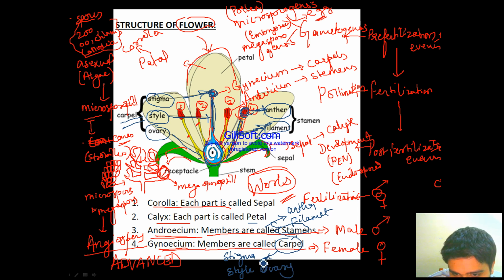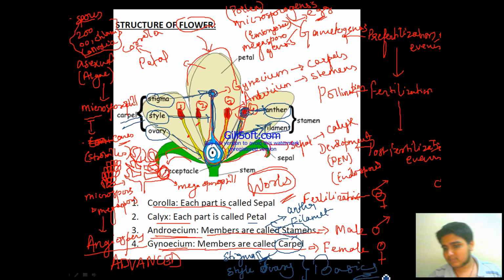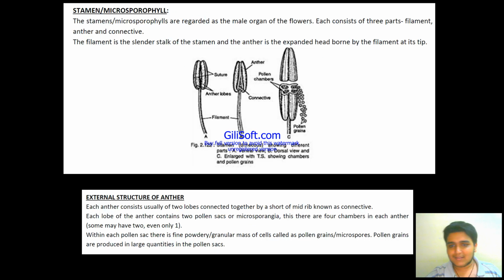These three things make up the carpel. Clear? These are important and very basic as well. I'm pretty sure you all know this. Trusting you for that. Moving ahead.